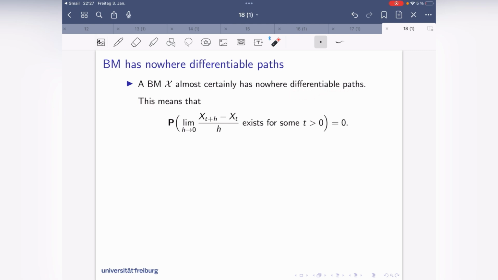So I claim I have this thing here. So this limit here does not exist for any t with probability 1. So it does not exist. Or the probability that it exists is 0. So the paths of Brownian motion, they're pretty rough.